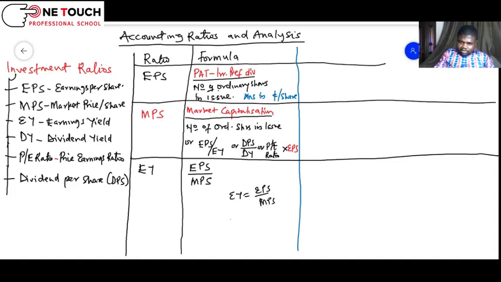When you do the change of subject, market price per share is equal to earnings per share over earnings yield. That is what I stated here. It's not magic. So earnings yield is equal to earnings per share over market price per share.